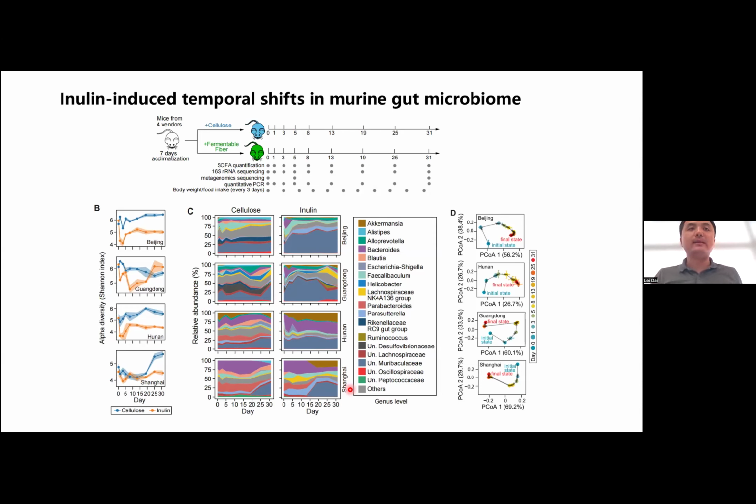They are mice from different vendors, and when they were born, they had different baseline microbial communities. We want to study how different baselines might affect their response, and you see their responses are quite distinct.